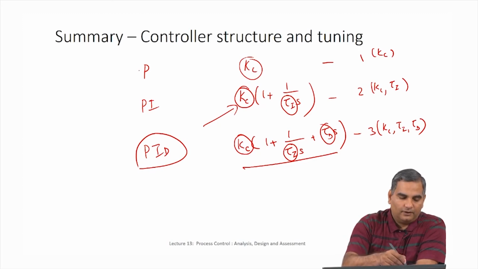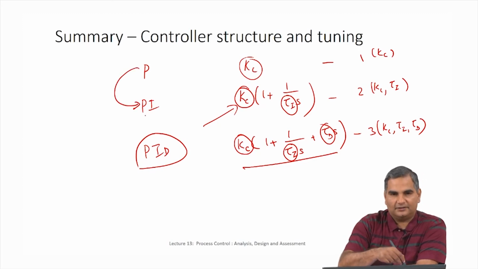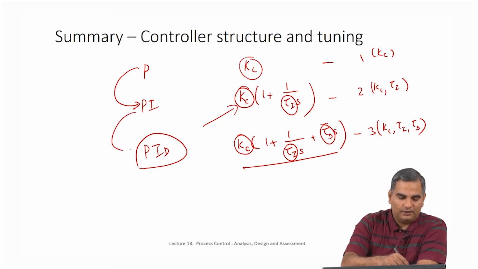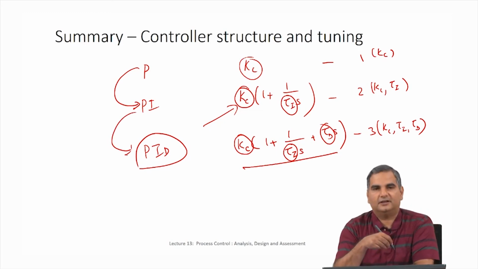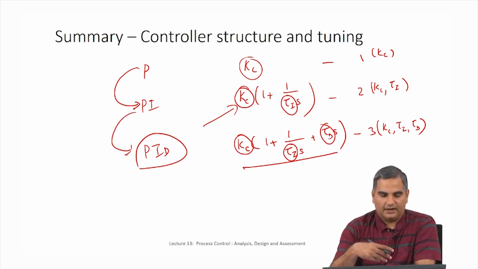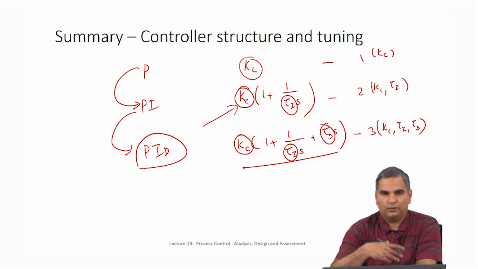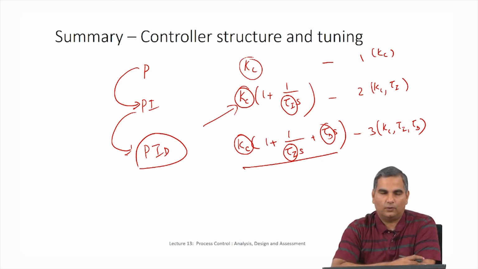But because of certain reasons we move from here to here, that will introduce some disadvantages for this controller also. So, it is not always that PI is better than P. Similarly, when we move from here to here, we will get certain advantages and certain disadvantages. So, starting from now, we are going to look at these and then how we are going to tune this, why do we go from P, PI, PID, and what are the advantages and disadvantages and so on, are things that we are going to see.